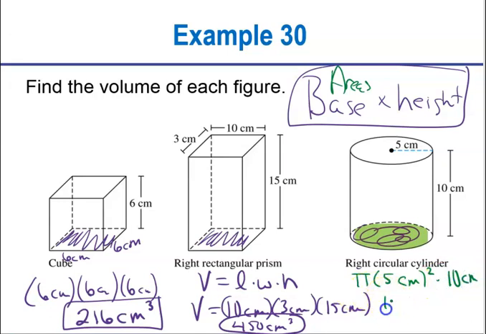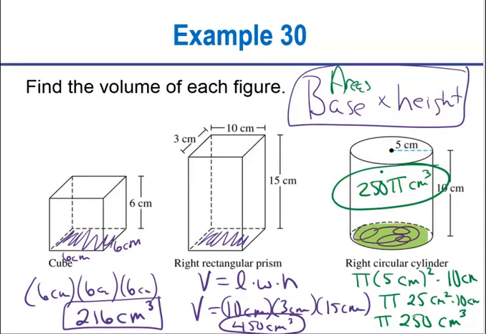So this is going to be pi, 5 squared is 25 centimeters squared times 10 centimeters. So this is going to be pi, now we can say 25 times 10 is 250. Centimeters squared times centimeters is centimeters to the 3rd power. In other words, volume. So the volume is 250 pi centimeters cubed.